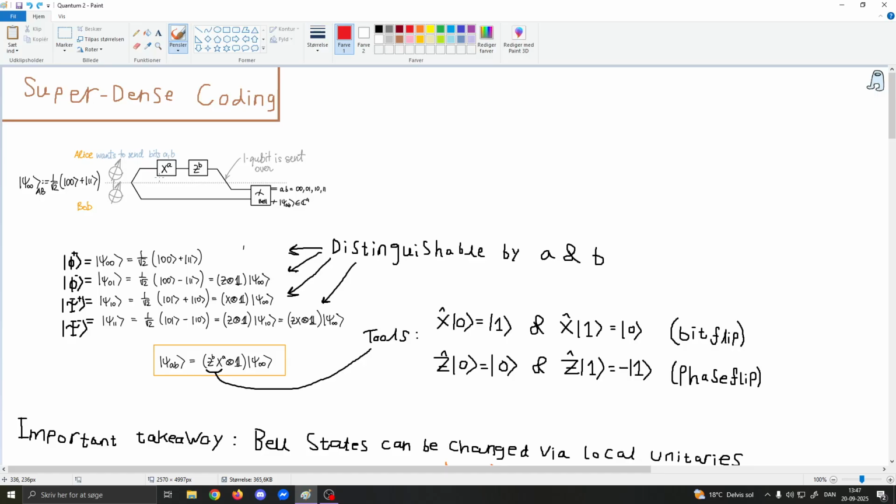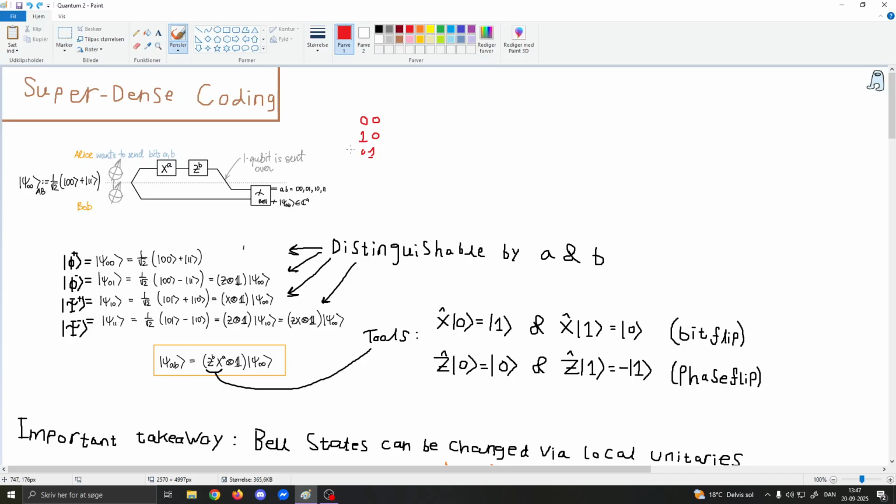She has four possibilities: she could do nothing to her qubit, she can apply X to her qubit, she can apply Z to her qubit, or she can apply X and Z to her qubit, corresponding to 00, 01, 10, and 11. That being for X and Z.